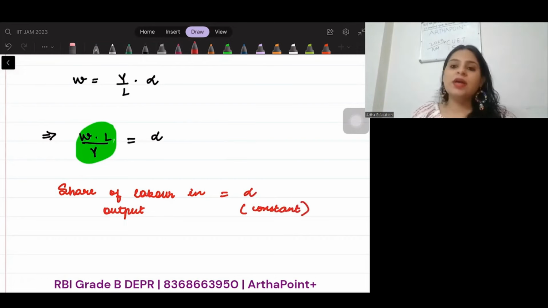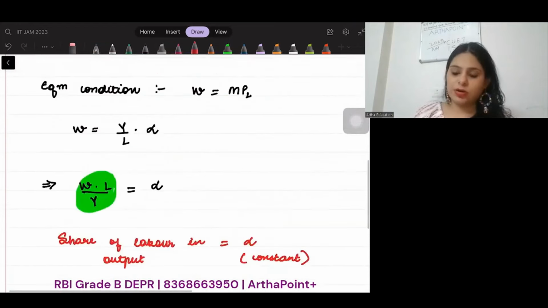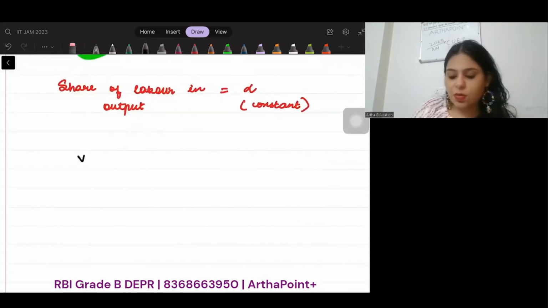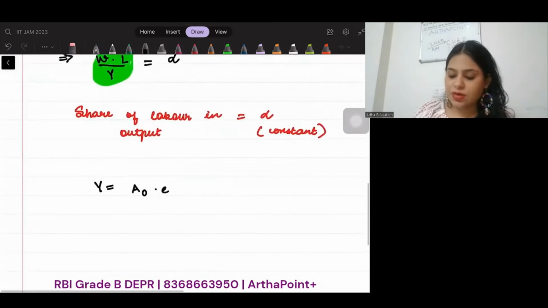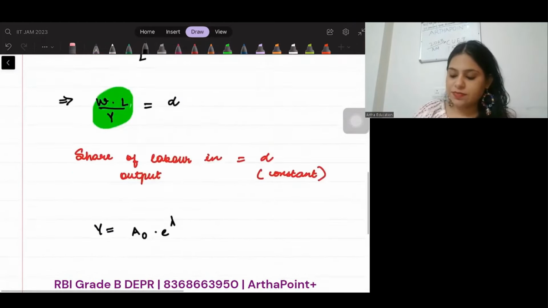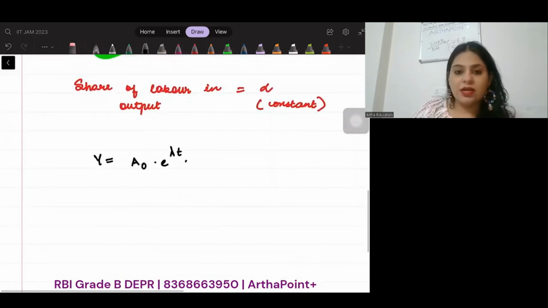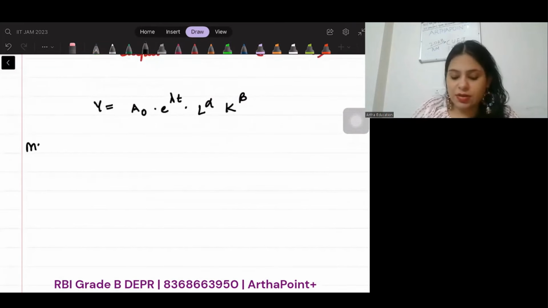Now let us do a very similar thing for the marginal product of capital. I am given Y is equal to A naught e to the power lambda t L to the power alpha K to the power beta. The marginal product of capital is how output changes as K changes.